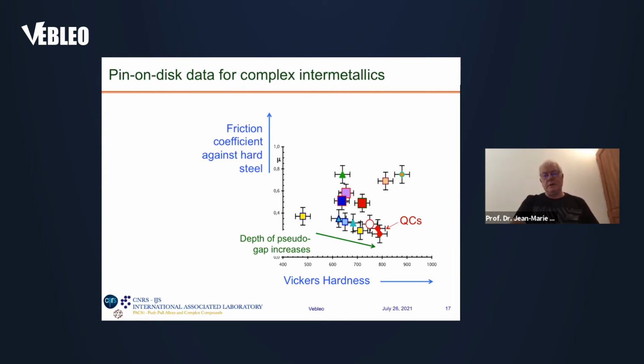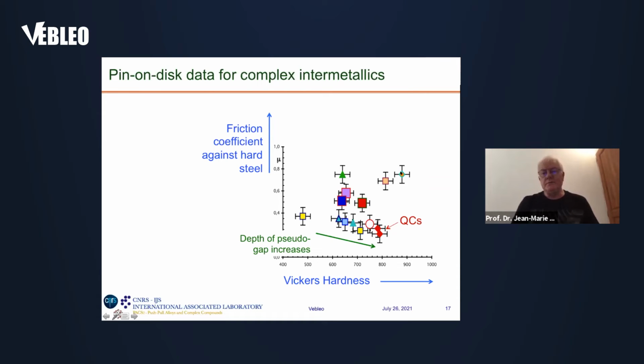This is another example of friction as a function of hardness of the material. Of course, one expects that friction decreases with increasing hardness. This is the plowing component, which you can see on essentially aluminum, copper, iron samples, which do not produce much difference in density of states.